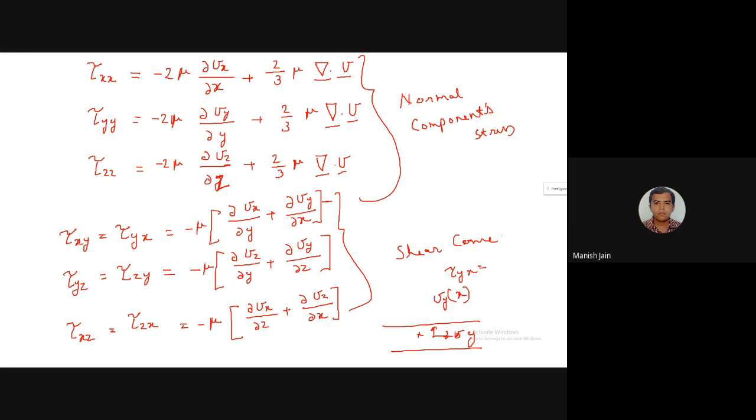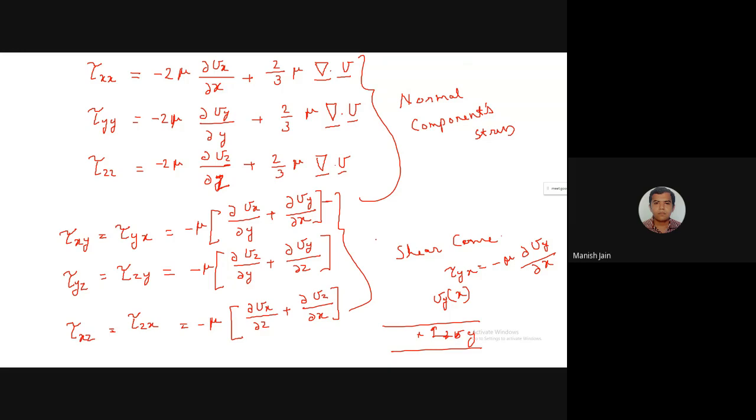Because Vx is 0, the first term will be 0, and you will end up with minus mu dVy by dx. So you will get the one-dimensional equation of Newton's law. The equation is the same, because if you are using two-dimensional flow, then you have to use this original equation.